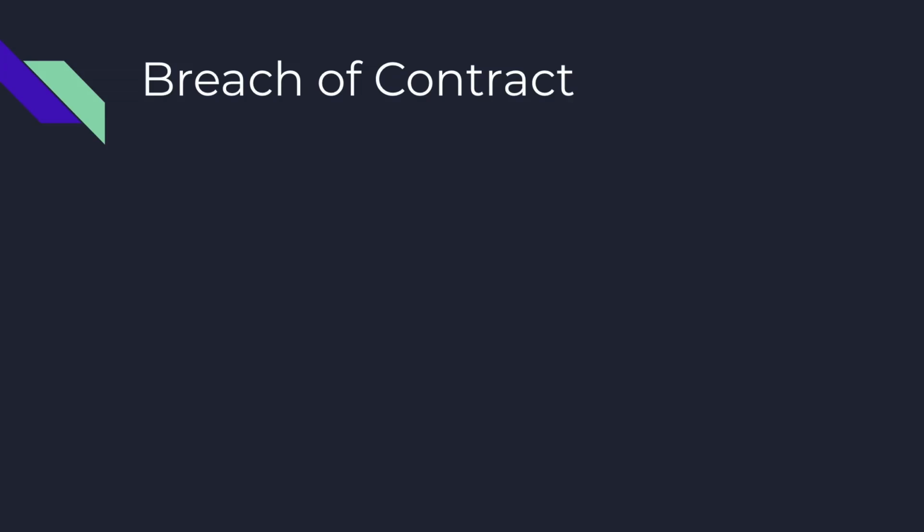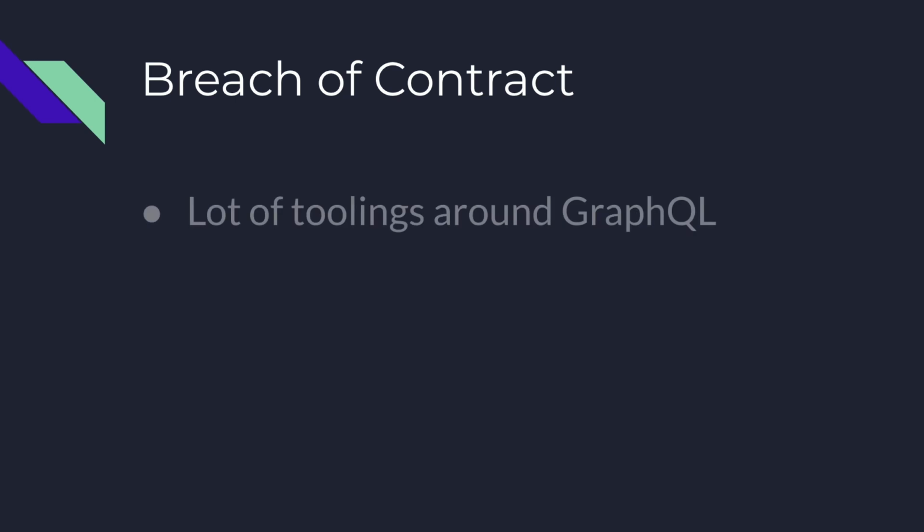Where there's no documentation, there would be a breach of contract. And even if there is documentation, there is no way you can possibly check whether you are querying the correct fields in REST, whether this field is available at the backend or not. There may be typos, right? GraphQL is, again, strictly typed.